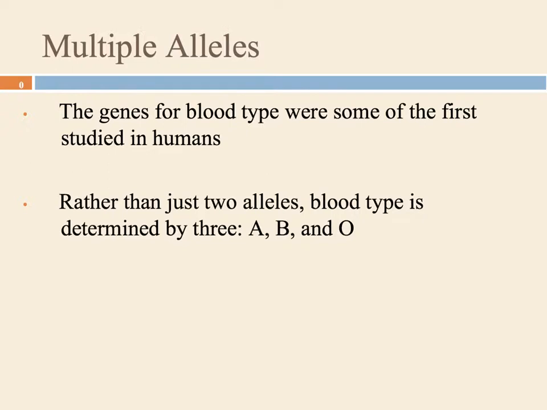Both A and B are dominant, so that is a codominant situation. O is the recessive allele for blood type, and when I do blood type crosses, I just use the A's, B's and O's as my shorthand because I know that O is recessive and A and B are both dominant.